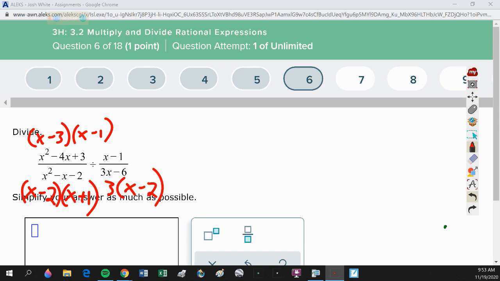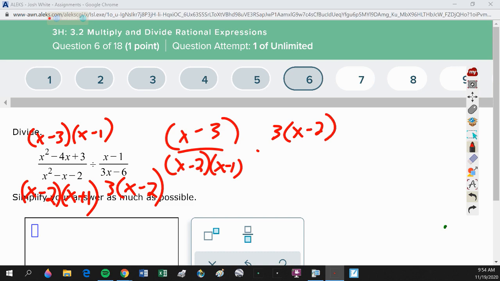So now we need to flip. So the left side is x minus 3 over x minus 2 and x plus 1 times, flip the second one, 3 over x minus 2 over x minus 1.